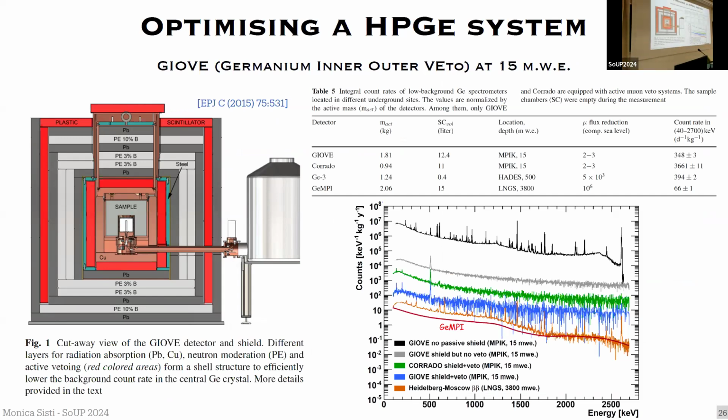It is at a shallow depth, a 15-meter water equivalent laboratory, but with this very complicated but well-studied shielding and this hermetic sample chamber used to remove the radon, you can compare the count rate in this shallow laboratory with that of one of the best detectors in the Gran Sasso underground laboratory.